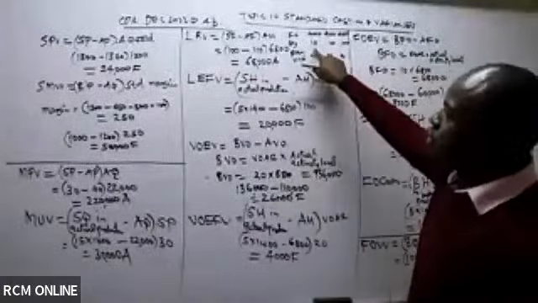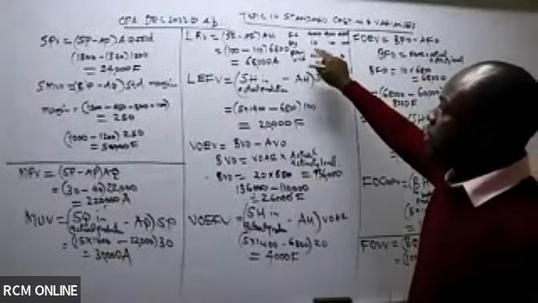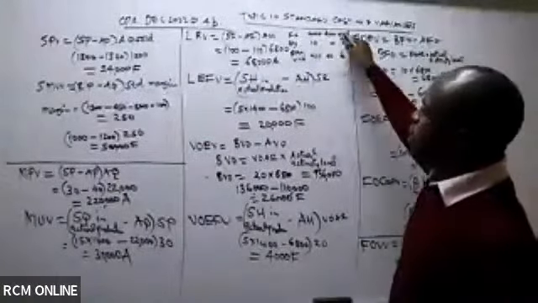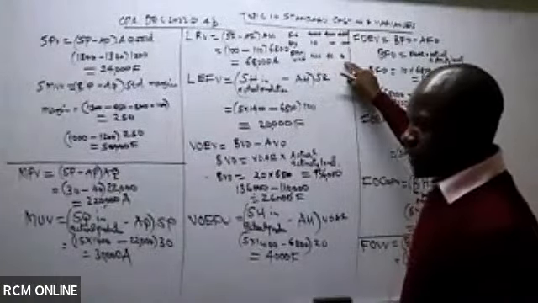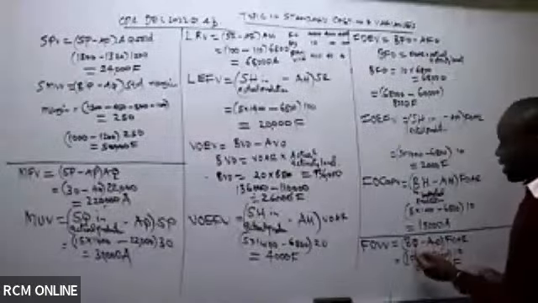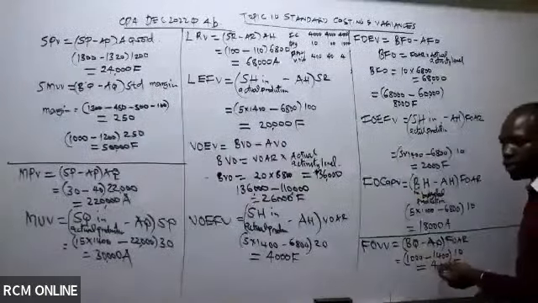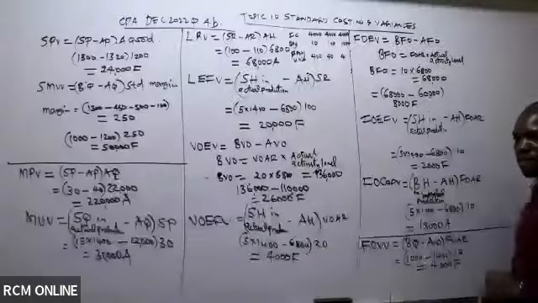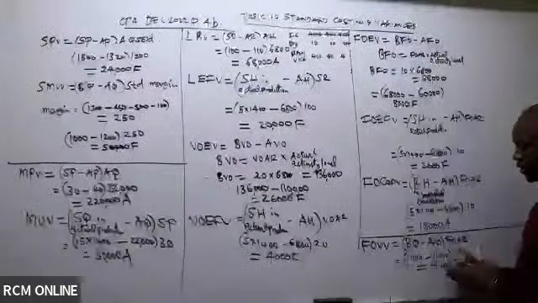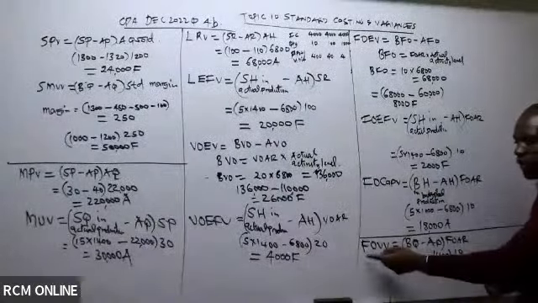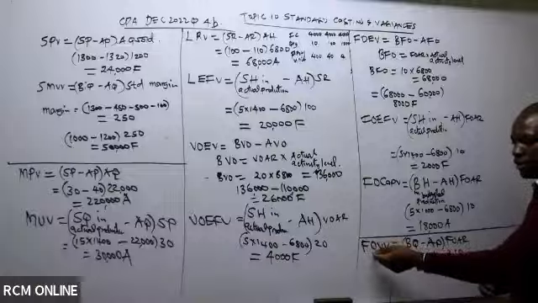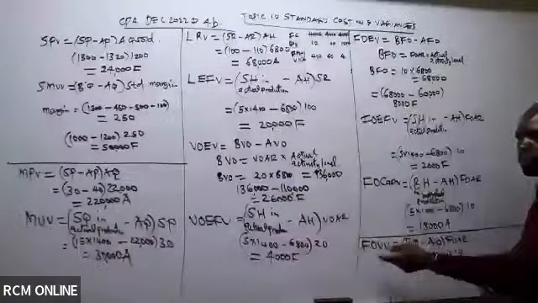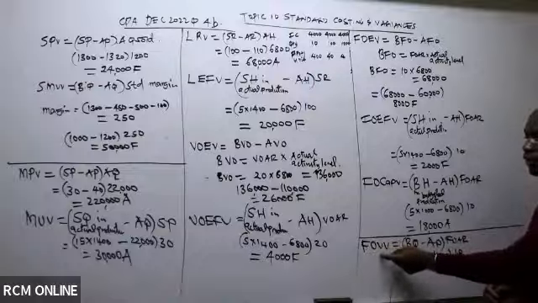It is following this rule: as the volume increases, cost per unit reduces. So in the moment we see budgeted quantity is less than actual quantity, then we are talking about favorable fixed overhead volume variance.